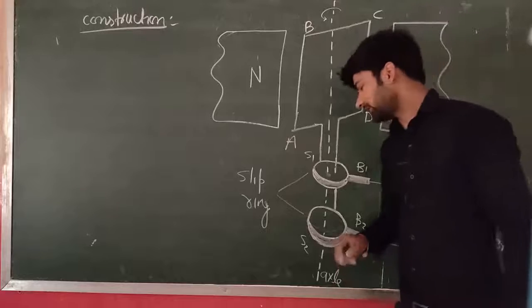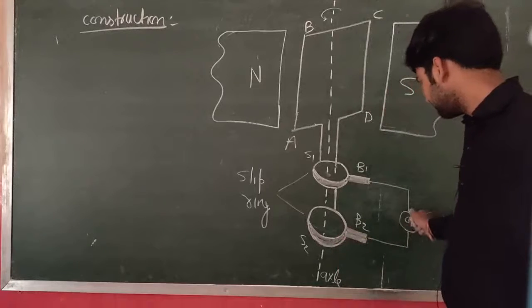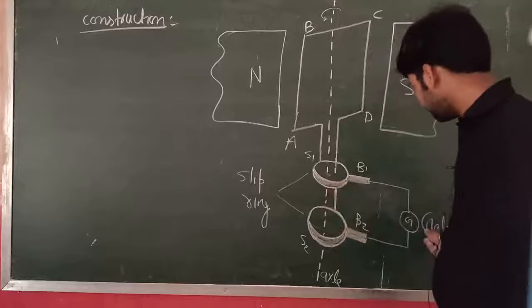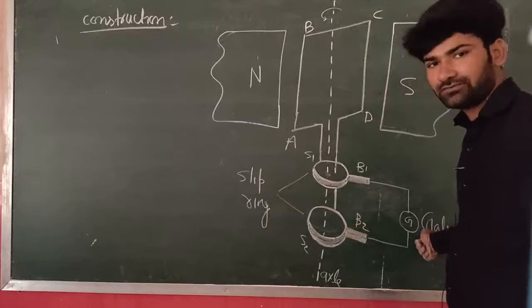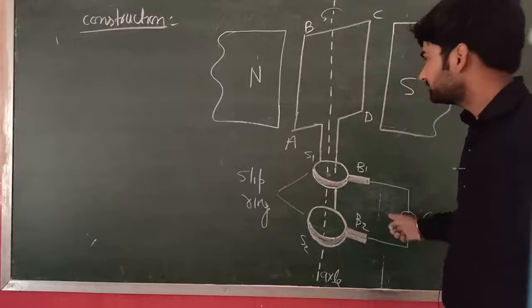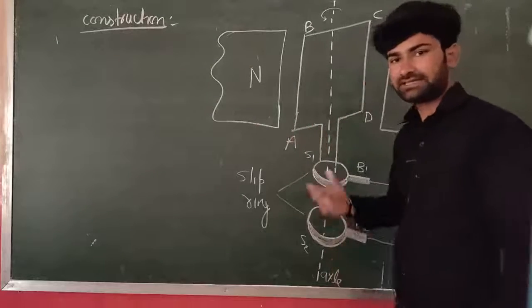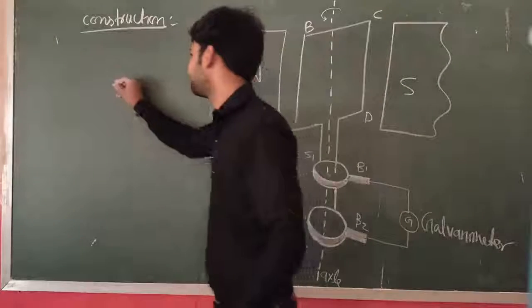Galvanometer is a device by which we can detect the current in any circuit, and by using this galvanometer we can find the direction of current also. Okay, this is the construction of AC generator. Next, its working.